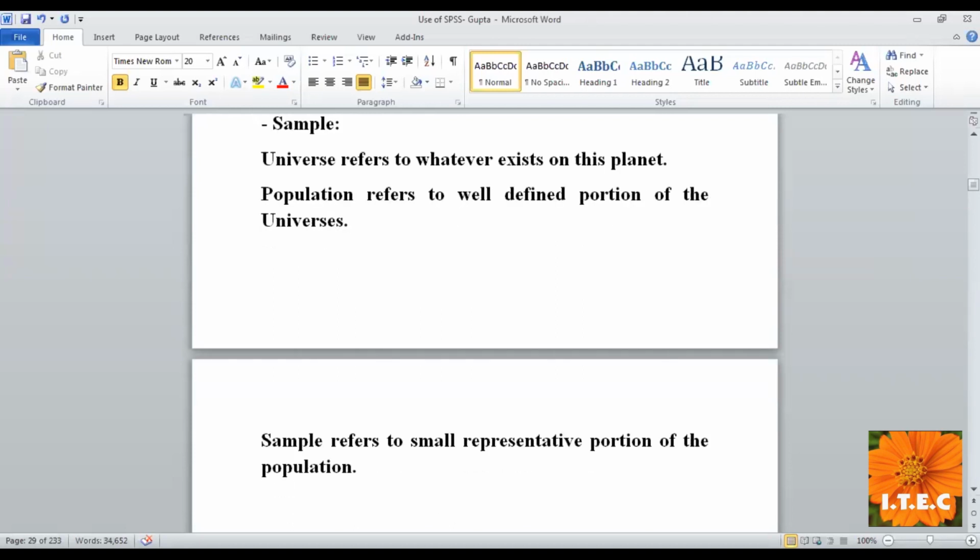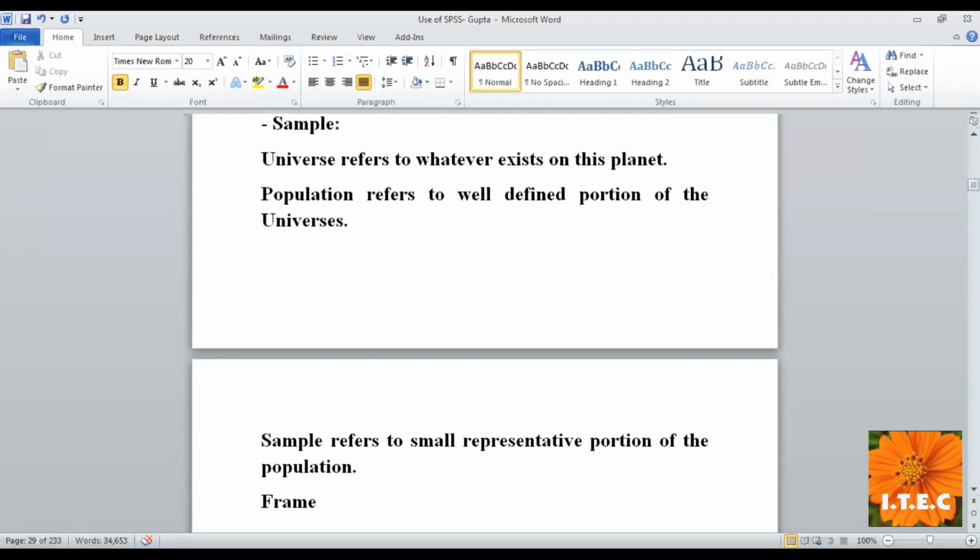Now another definition is frame. Now what is the meaning of a frame? The room in which you are sitting, there are 4 walls. So the 4 walls of your room is the frame of that particular room. Because the portion on the inner side of the wall belongs to that particular room, and the portion outside the wall doesn't belong to this particular room.